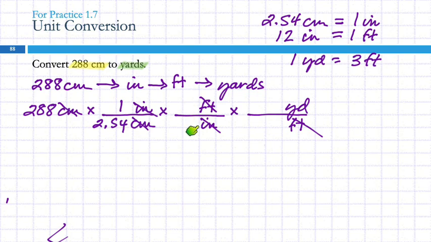This one is feet and inches. 12 inches equals 1 foot. What's on the top equals what's on the bottom. We can't say that 12 feet equals 1 inch, right? It's just not true. 12 inches is a foot. And then here, 1 yard is 3 feet. 1 yard on the top, 3 feet on the bottom.